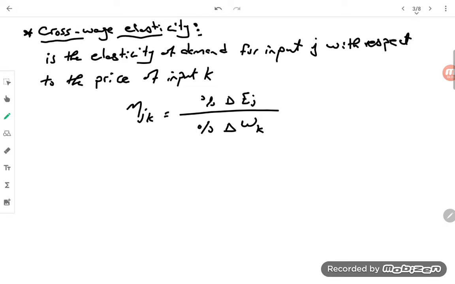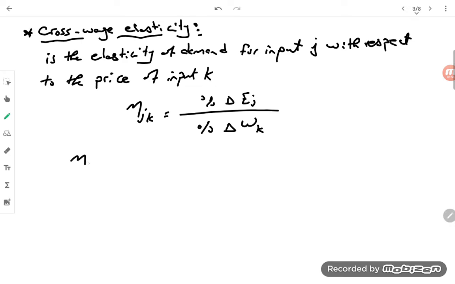So in case of cross elasticity, you would like to study the relationship between two different inputs, quantity of one input and the price of another one. Just like own wage elasticity, the value ranges from 0 to infinity. If it is 0, it is perfectly inelastic, less than 1 inelastic, and so on. But here we have to differentiate between positive value and negative value.